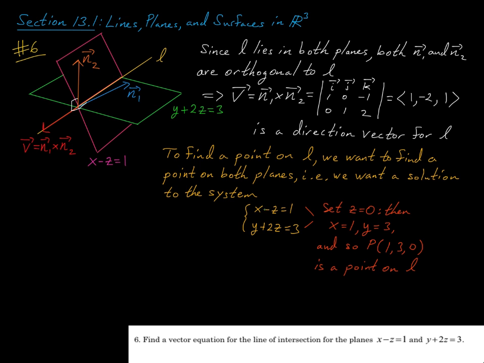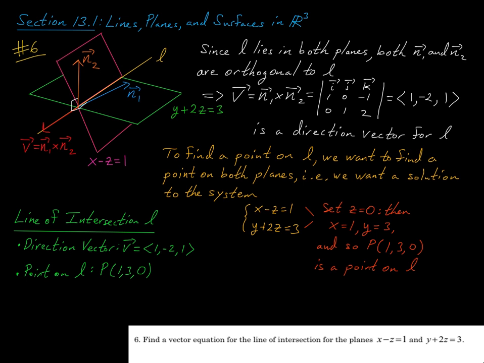So in the first equation, that forces x to equal 1. And in the second equation, that forces y to equal 3. And so we find that the point P with coordinates 1, 3, 0 is a point on the line L. Again, the coordinates of P satisfy both the purple equation and the green equation. So this point P is on both planes, and so it must be on this line of intersection.